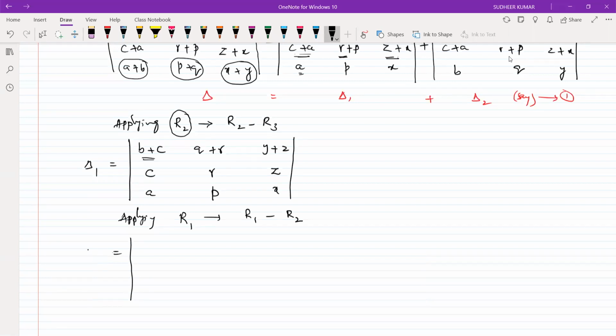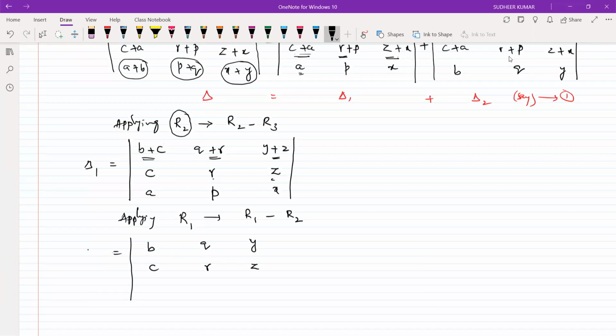B plus C minus C, plus C minus C gets cancelled, so this is B. Here plus R minus R gets cancelled, so this is Q. This is plus Z minus Z cancel, Y. The remaining remains same. C, R, Z.